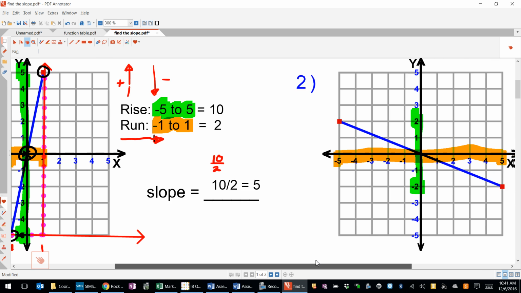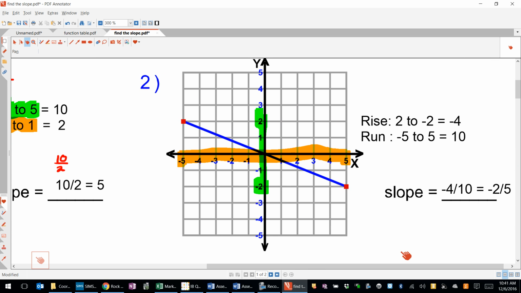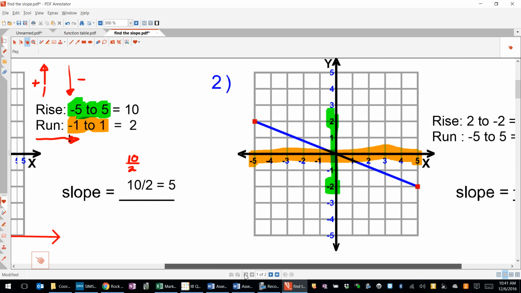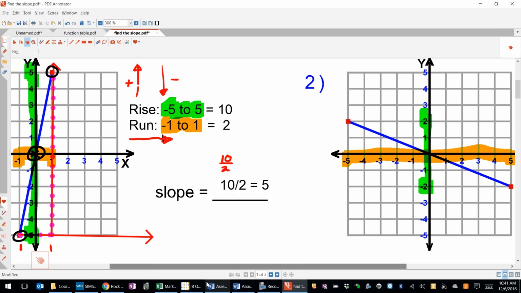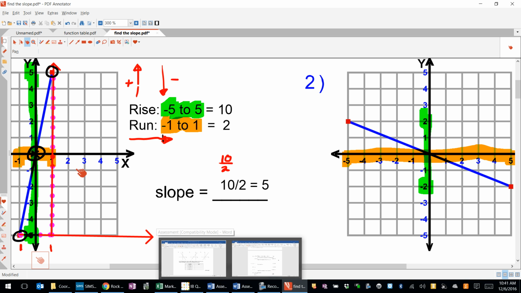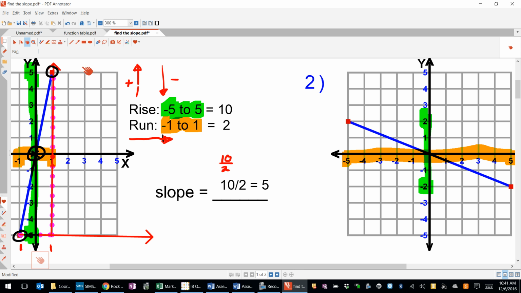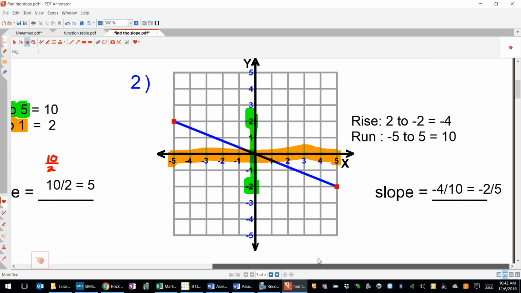Now what do you notice mainly about the direction of the lines? The difference. This one goes up if we're going left to right. This one goes down, and that's why this one ends up as a negative. Again, I start with the left-hand point, and my run is left to right. When I get to the point where I can reach this point, I then go down.